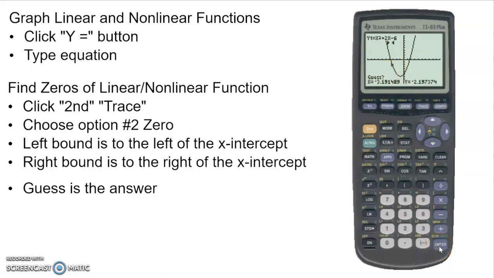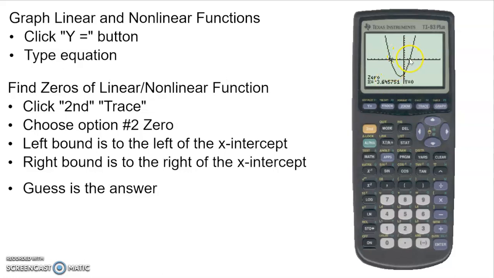Hit enter. Guess means I need to hit my answer. And you'll notice that when y is 0, my x-intercept is negative 3.645751. Depending on your teacher or your book, they might tell you to round it to a specific amount. Here, I'll round it to 2 decimal places, or the nearest hundredth, so this is about negative 3.65. That would be one of the zeros.